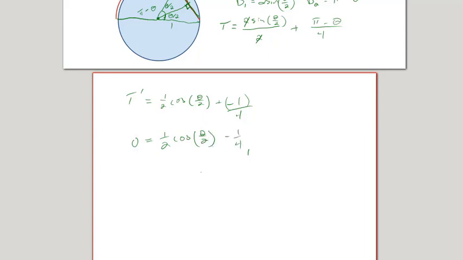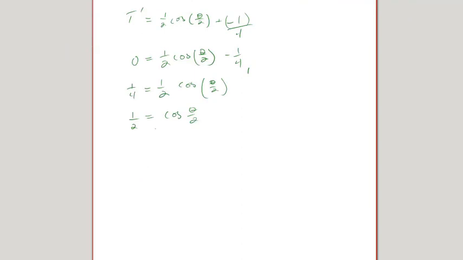Well, let's just solve this equation. I'm adding 1/4 to both sides. So we have 1/4 equals 1/2 cosine of theta over 2. That becomes 1/2 is cosine of theta over 2. All right, so where is cosine going to be 1/2? Well, that is, of course, when your angle is pi over 3.